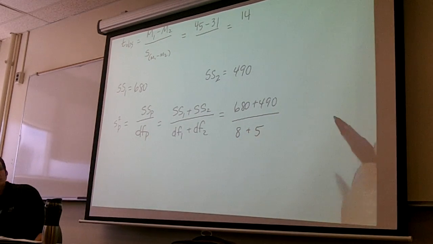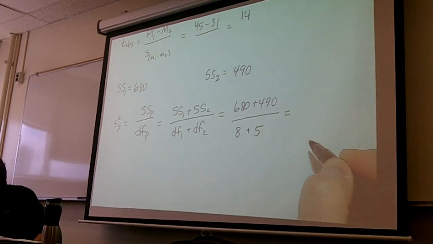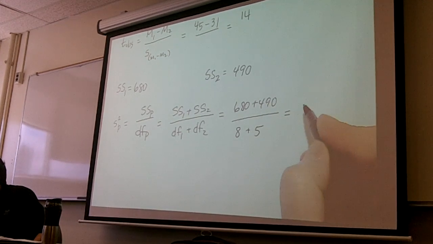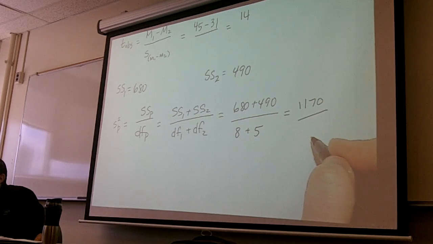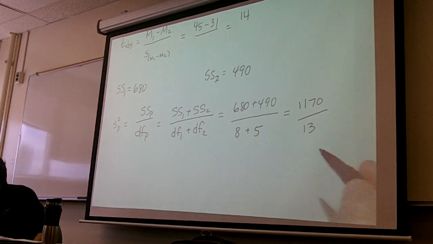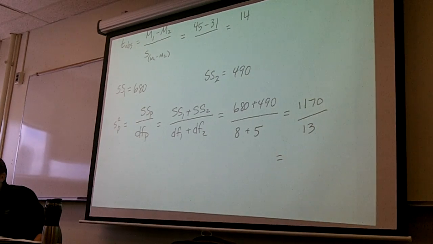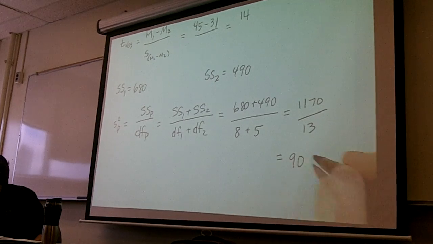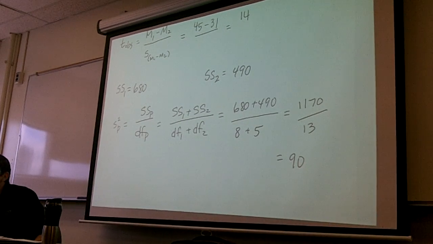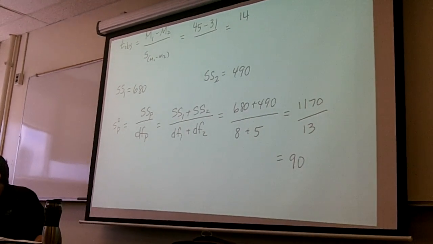Okay, so what's 680 plus 490? 1170. Okay, and what's 8 plus 5? All right. So if I do that math, what do I get? 90. Oh, those nice round numbers. Okay, so now I know that my pooled sample variance is 90.